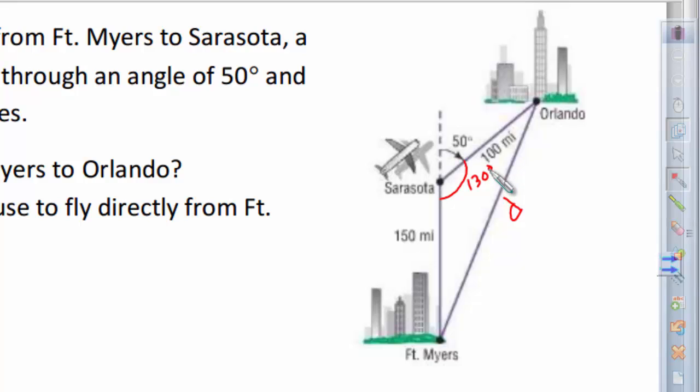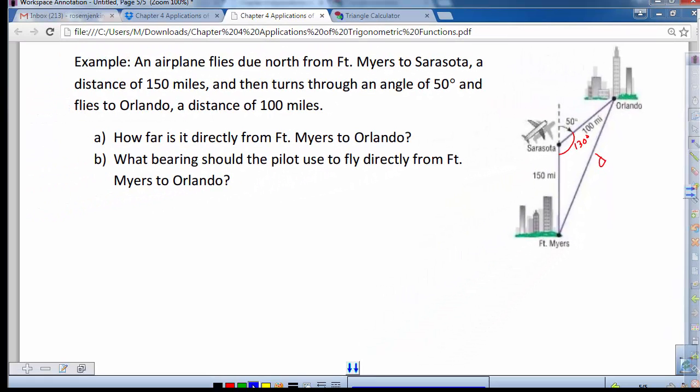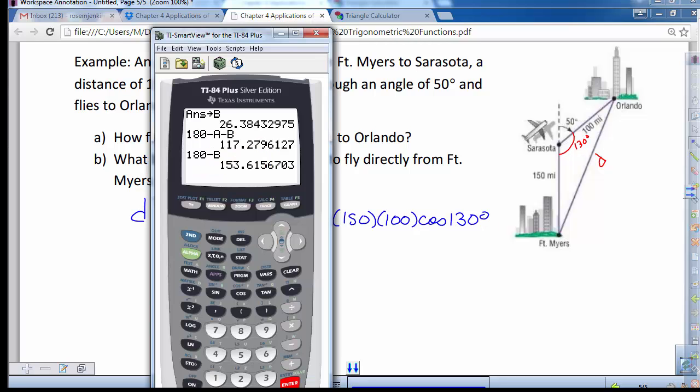Okay, and we're trying to solve for D, so I can say that D squared equals 150 squared plus 100 squared minus 2 times 150 times 100 cosine of 130 degrees. Okay, we can use our calculator to find that.